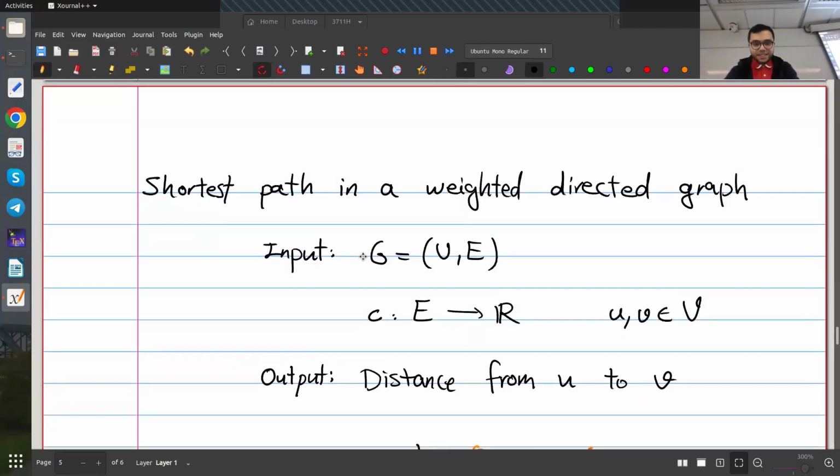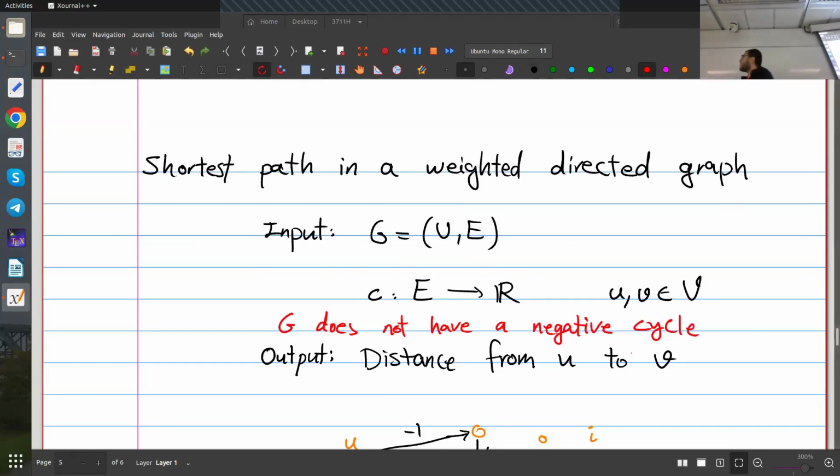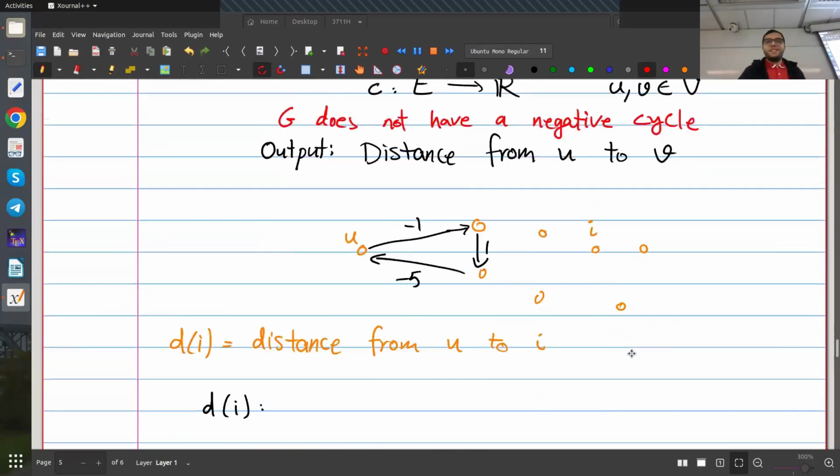So let's say that I additionally guarantee for you in the input that G does not have a negative cycle. Because without this, you can't really do it. Okay, so G doesn't have a negative cycle, but it can have negative weights. Why can it have negative weights? Again, because I don't want you to use Dijkstra.